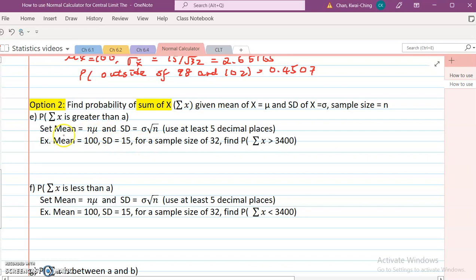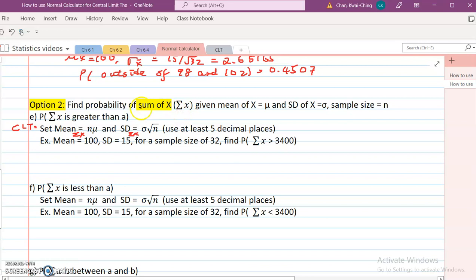The central limit theorem of sum tells us that the mean of sigma x is n times mu, and the standard deviation of sigma x is sigma times square root n. So you would have to adjust the mean as well as the standard deviation for the sum of x.